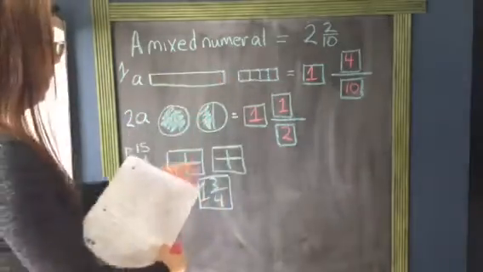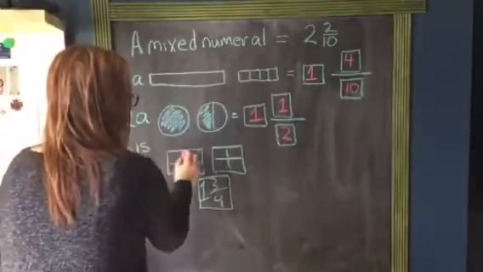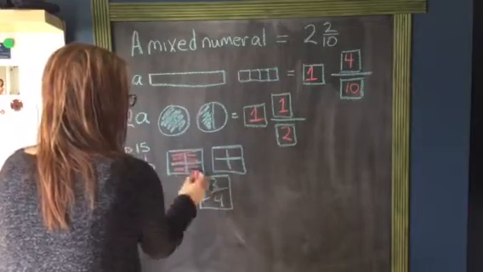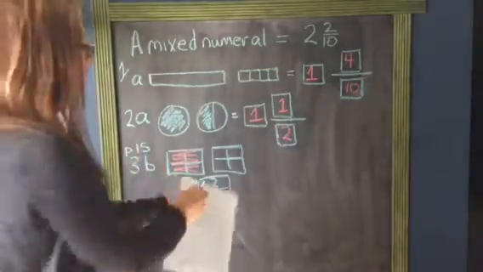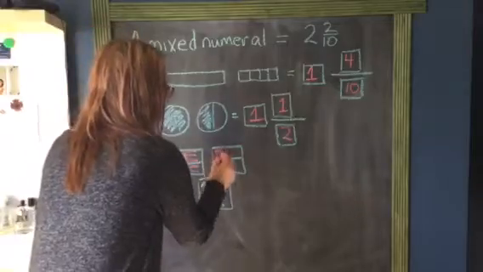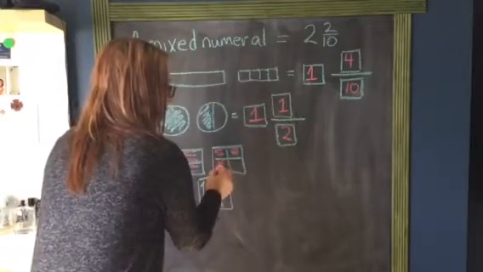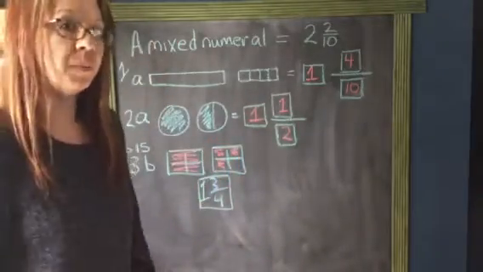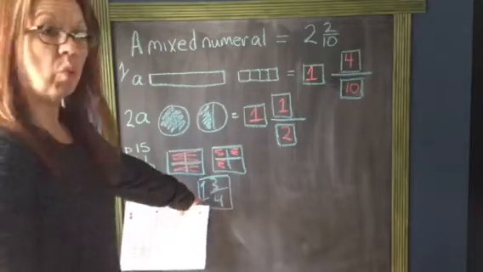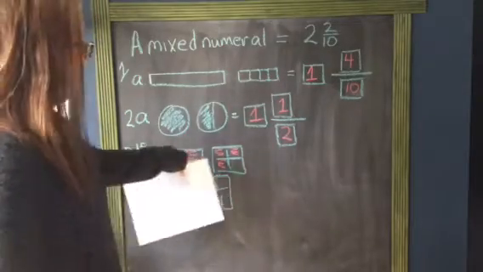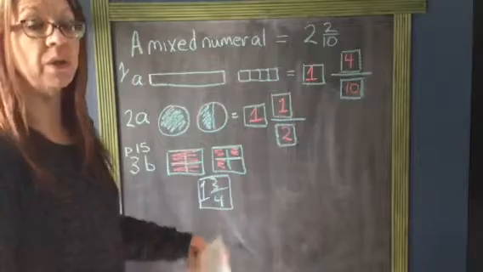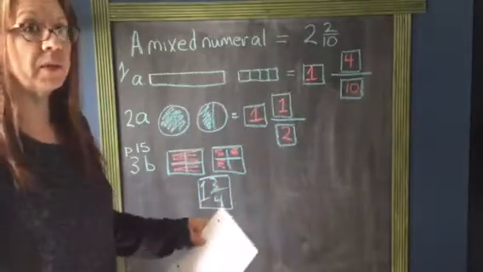We talked about those yesterday. So I would color in 1 whole and 3/4, or 3 out of 4 pieces. That says 1 3/4. This picture shows 1 3/4.